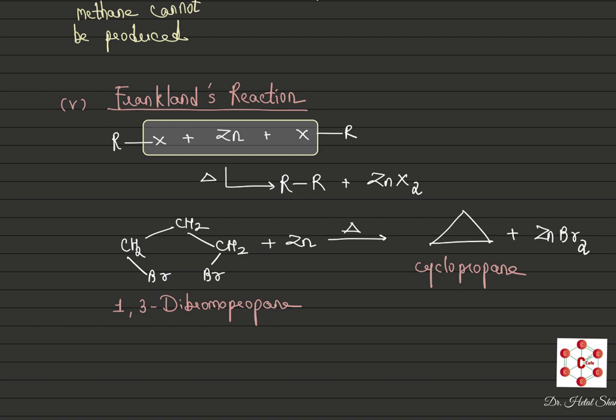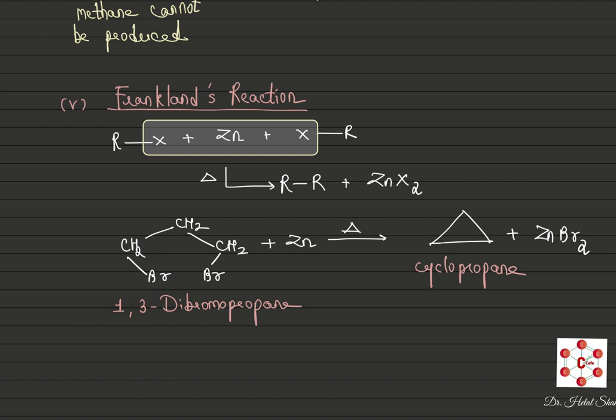This was accomplished later on by two people. The first one was called Corey, E.J. Corey, and the other one was House. The synthesis is called Corey-House synthesis, and this Corey-House synthesis made it possible to react any two alkyl halides and still get an alkane in pure form.